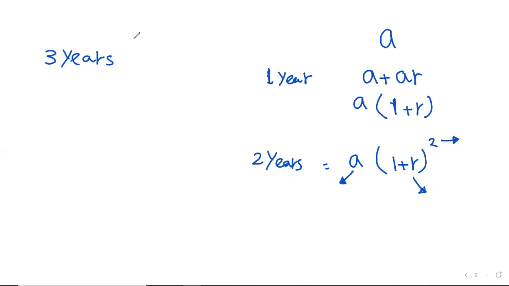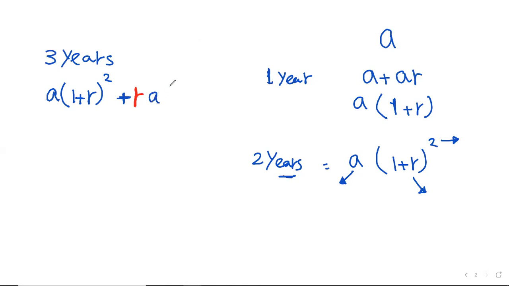So after 3 years, you will get the last number after 2 years, it's A multiplied by 1 plus R to the power of 2. Then we have an increase in the number, which is R multiplied by the number of people. What is the number of people?